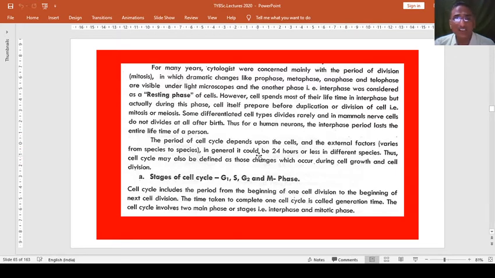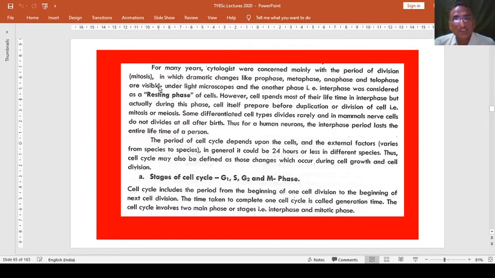In general, it could be 24 hours or less in different species. Thus, the cell cycle may also be defined as those changes which occur during cell growth and cell division.